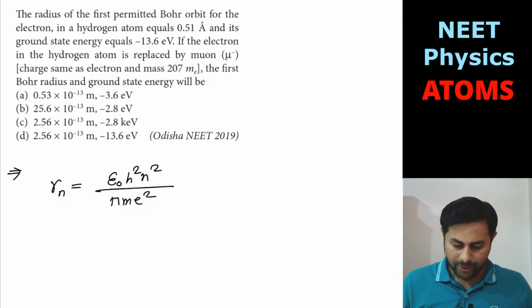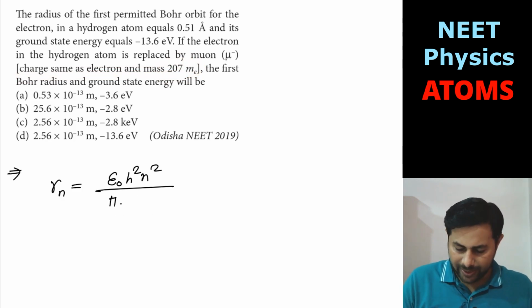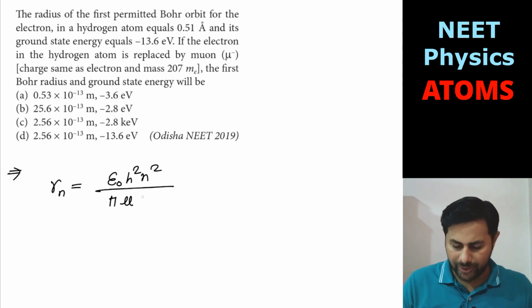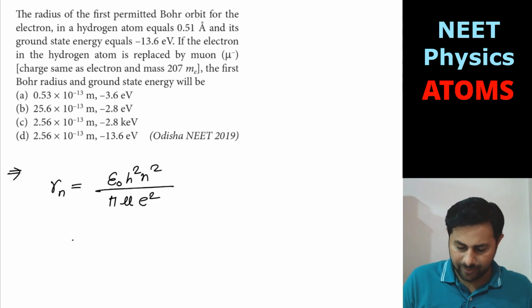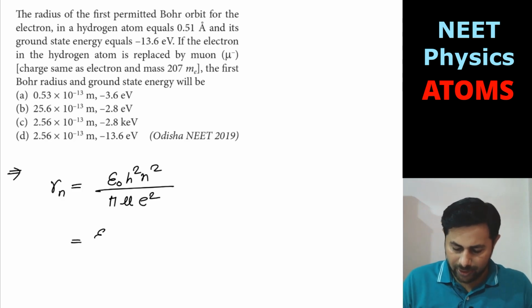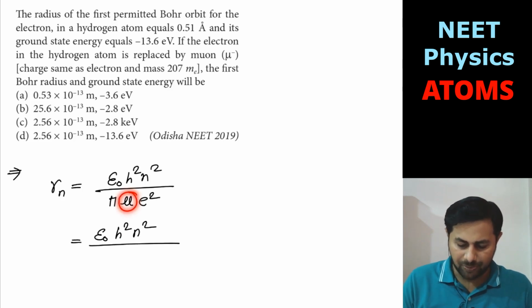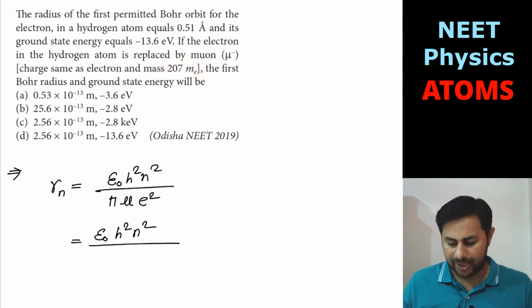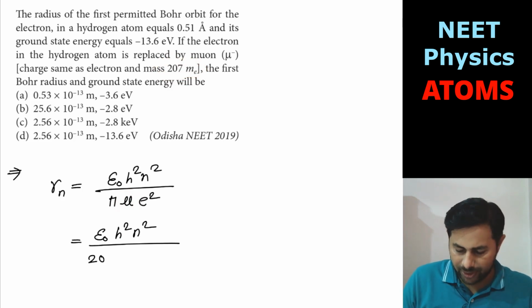Muon has the same charge as that of electron, but its mass is 207 times the mass of electron. So pi times mass of muon times e square. This is the radius. So that is epsilon naught h square n square divided by 207 times pi times mass of electron into e square, right?